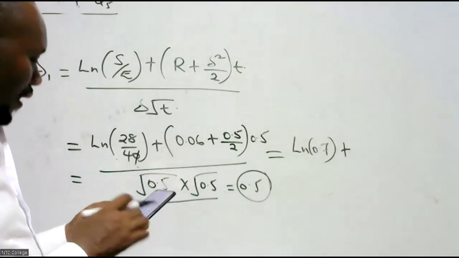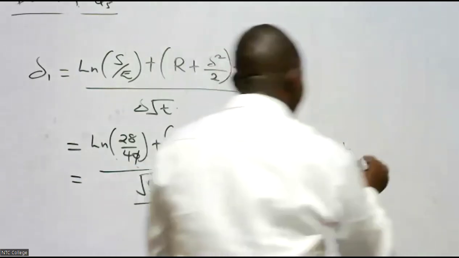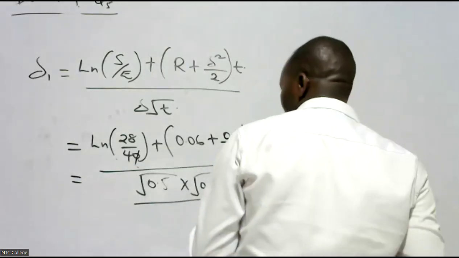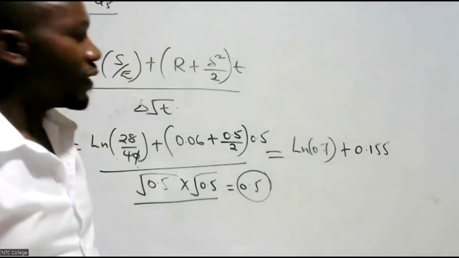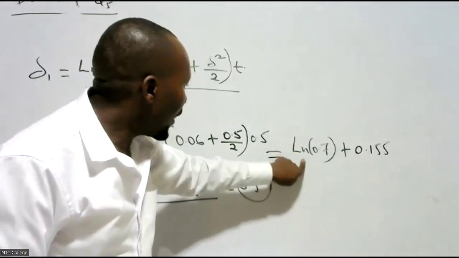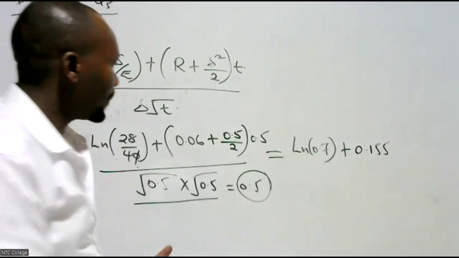Get that. Then times 0.5. Surely. Is this something difficult? Is that difficult? You are here. Now tell me. Logarithm ln of 0.7 is what?